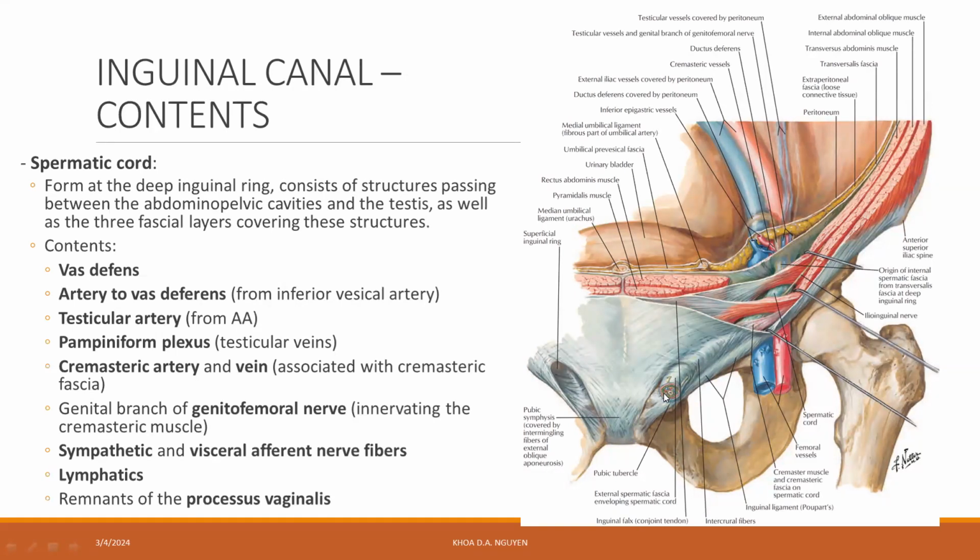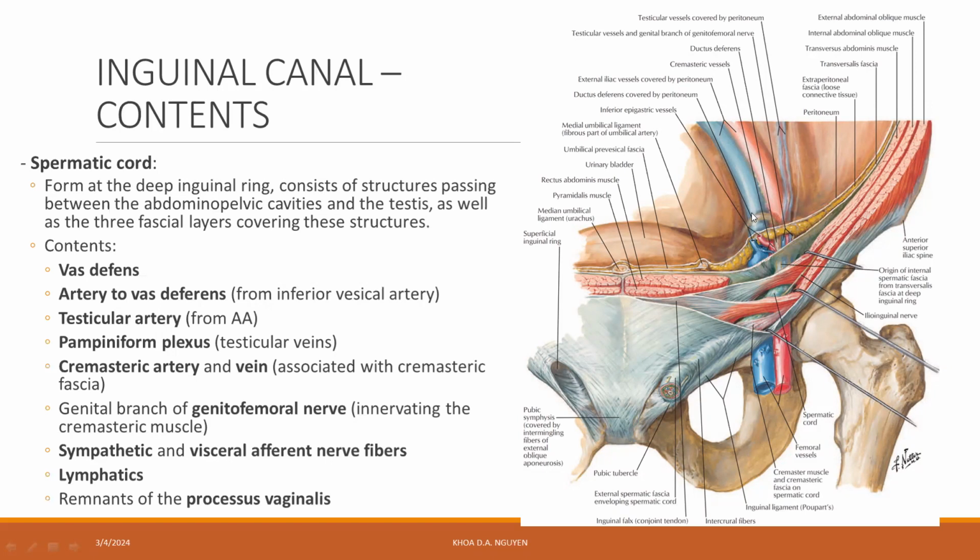So what are the contents of the spermatic cord? The contents of the spermatic cord are going to be the vas deferens, aka the tube that transports the semen from the testes all the way to the seminal vesicles and eventually through the ejaculatory duct into the urethra. So basically, that's the vas deferens.